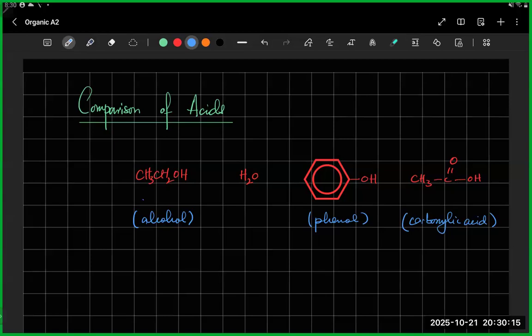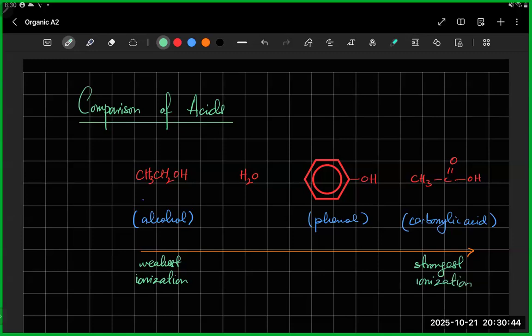And the trend is that the strength of the acids increases when you move to the right. This one is the weakest ionization. And this one relatively is the strongest. They're all weak acids. So the carboxylic acid has the strongest ionization.